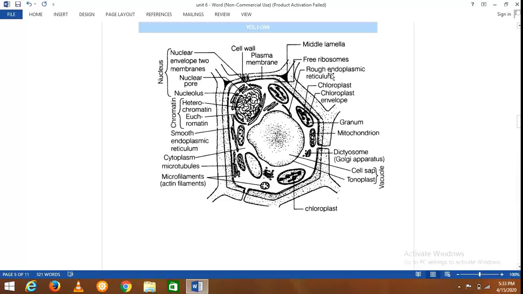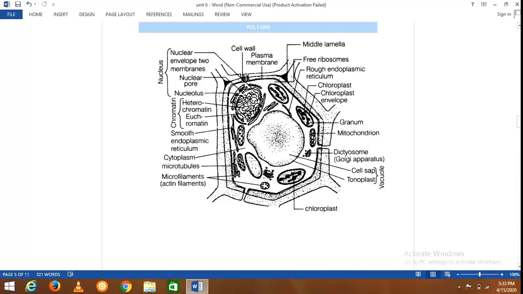Here it has been labeled, and when these are without these dot-like structures, then we call it the smooth endoplasmic reticulum. Actually, these dot-like structures are known as ribosomes. And this area, the whole area which contains all these organelles, is known as the cytoplasm.